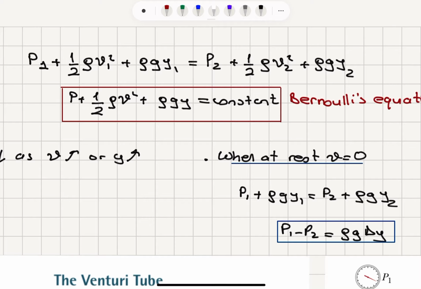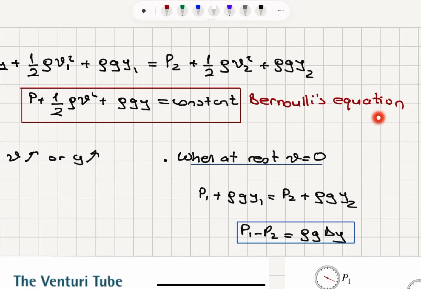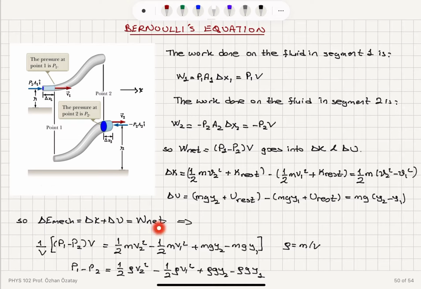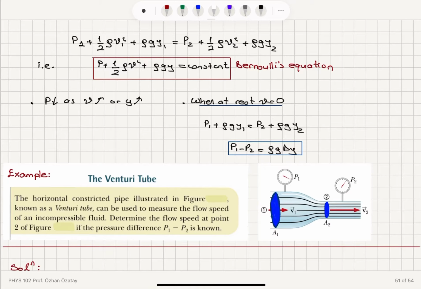That means the pressure plus 1/2 rho v squared plus rho g y is a constant for this fluid. So this is called Bernoulli's equation, and Bernoulli's equation basically is a statement of energy conservation. That's the net work done by the external agent is equal to the change in mechanical energy of the system.